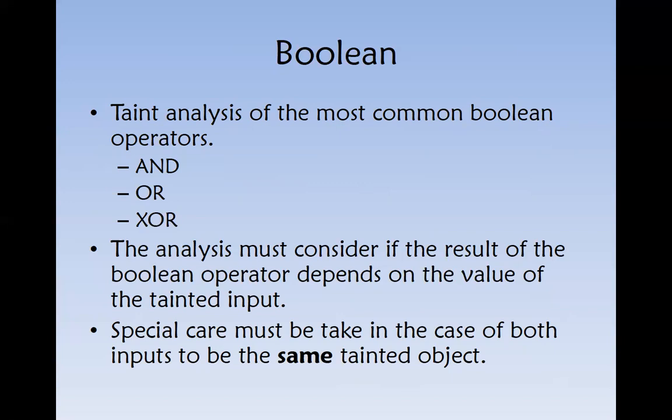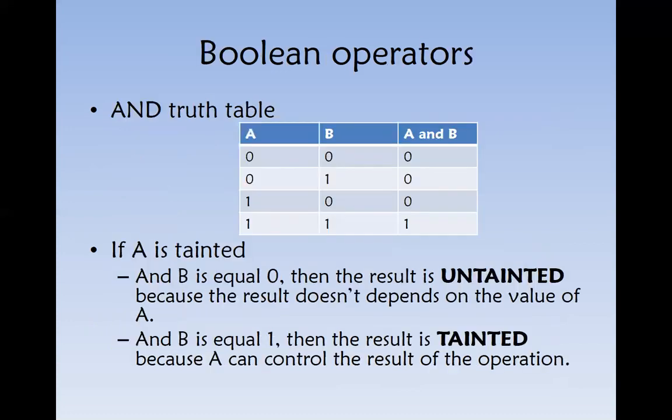The main goal of the analysis is to see if the output should be tainted based upon the values of the inputs. If the inputs are tainted, then the output also gets tainted. And you should also take special care in case both inputs are the same tainted object.